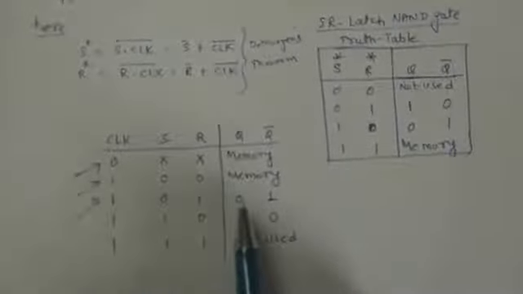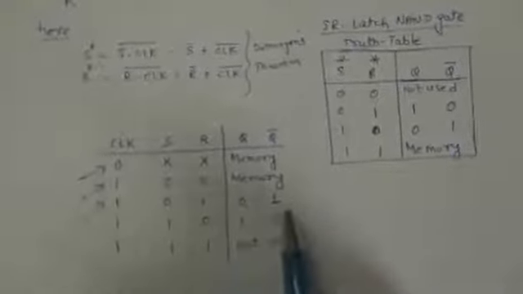So we are getting S star as 1 and R star as 0, and then having a look at the truth table, so S star is 1, R star is 0, we are getting Q output as 0 and Q bar as 1. So this is what we have written over here, Q output as 0, Q bar as 1.